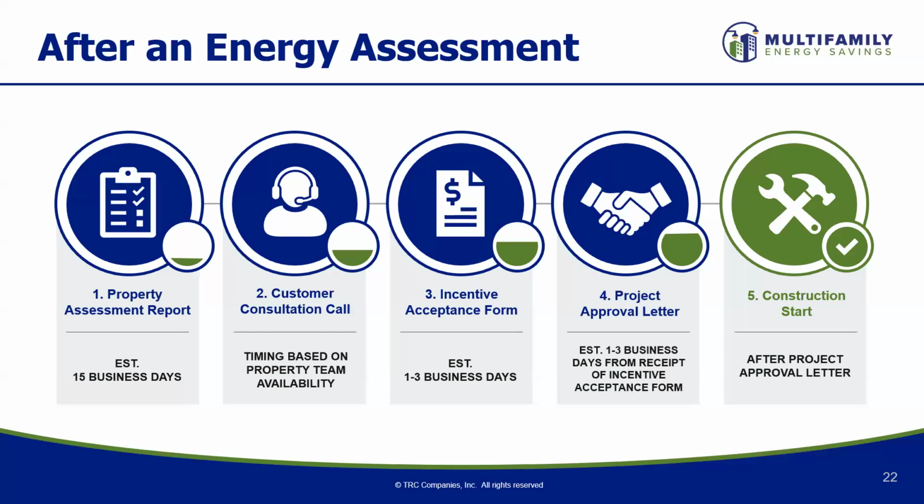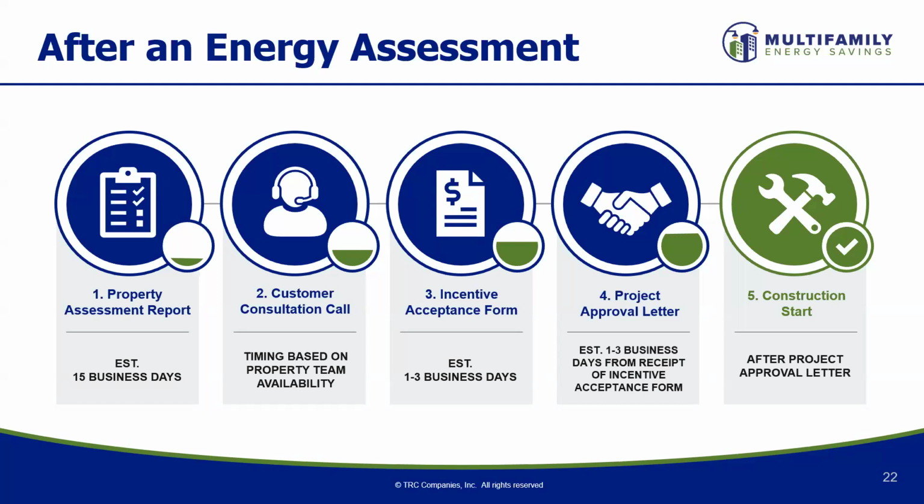Once you have received your report and decided on measures, you will select the measures you want on an incentive acceptance form, and provide your energy advisor with spec sheets for those measures. The cool thing about our program is we don't make you buy a certain type of equipment.